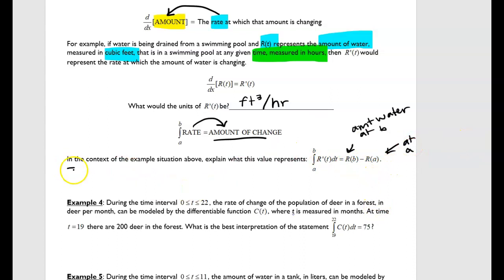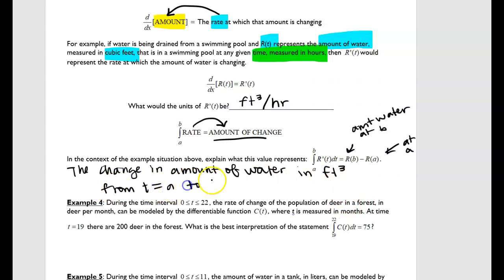So this is the change in amount of water in cubic feet, and I have to give what units those are, from t equals a to t equals b hours.